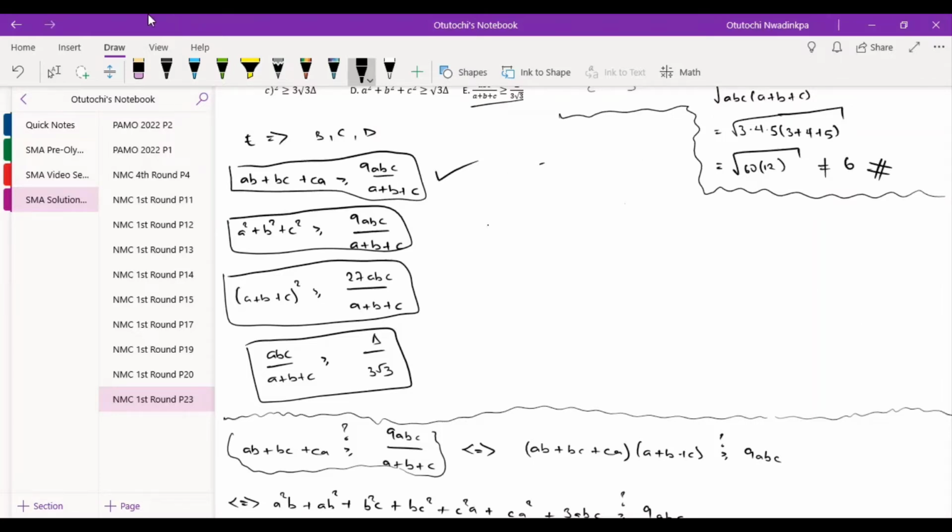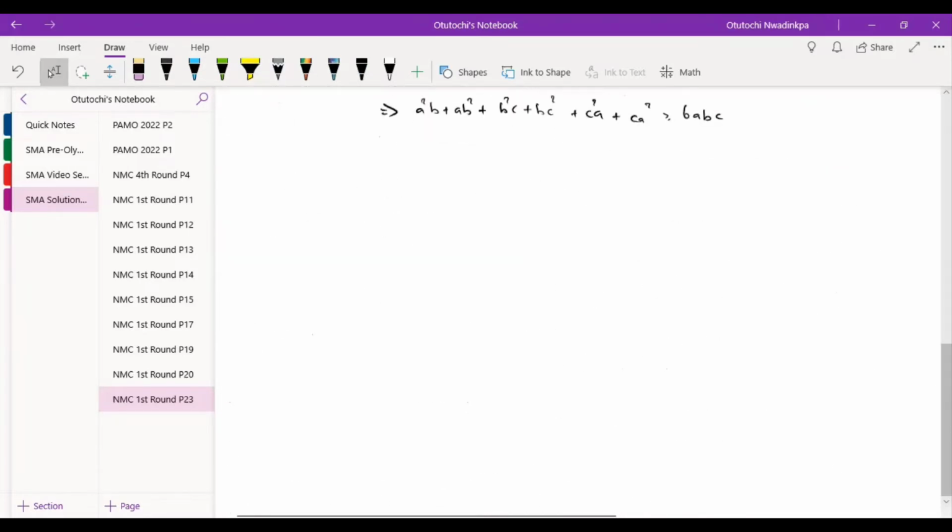The second one is to show the second one. We are going to use AM-GM again. But this time, we'll use the fact that A squared plus B squared is greater than or equal to 2AB by AM-GM. Also, B squared plus C squared is greater than or equal to 2BC.